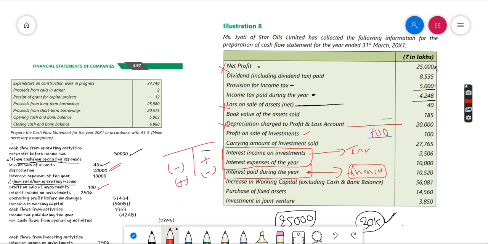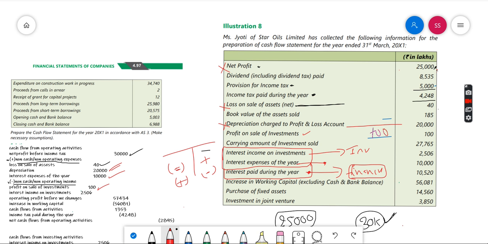And interest expenses, we assume that has been incurred for the operations. Interest expenses in the P&L account you might have deducted, so now add back interest expenses for the year, 10,000, as a non-operating expense.